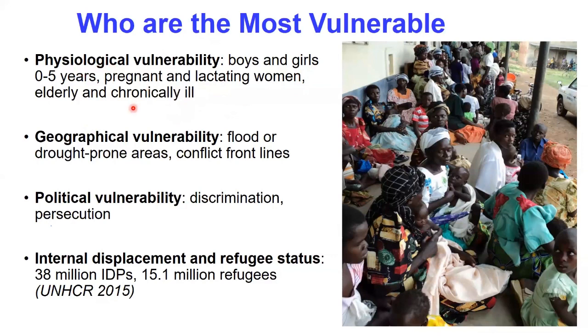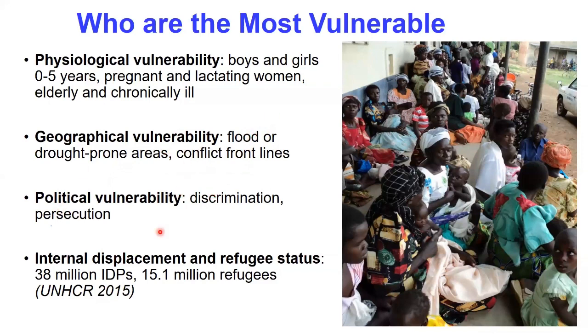Also the elderly or chronically ill. In terms of geographical vulnerability, where there are floods, droughts, or conflicts, that's why you see Karamoja is number 1. Almost every year they are reporting outbreaks of malnutrition or severe malnutrition there.